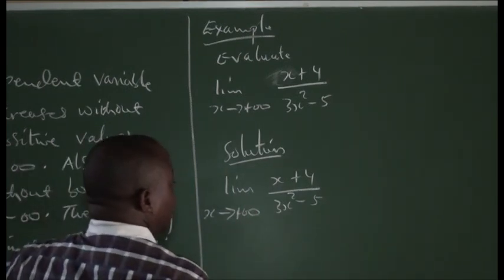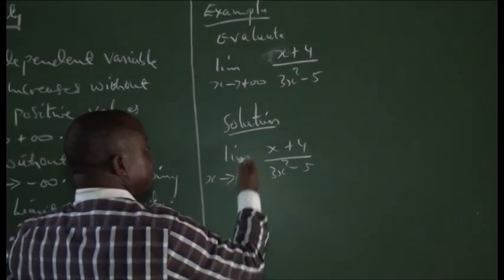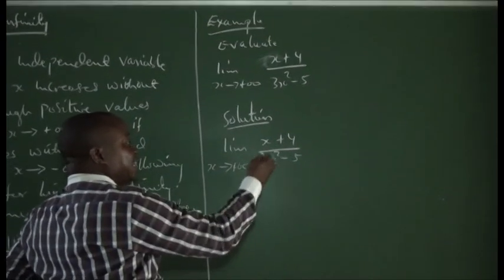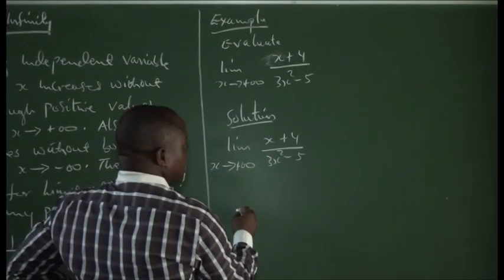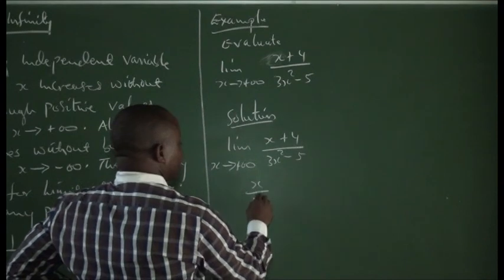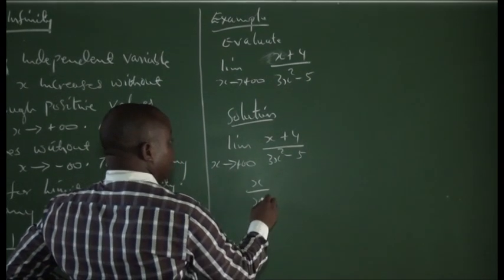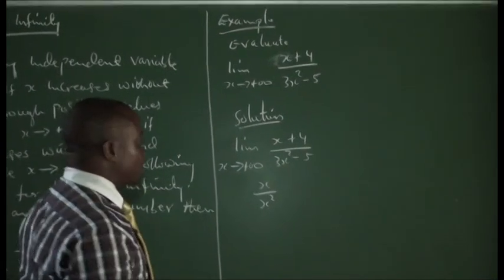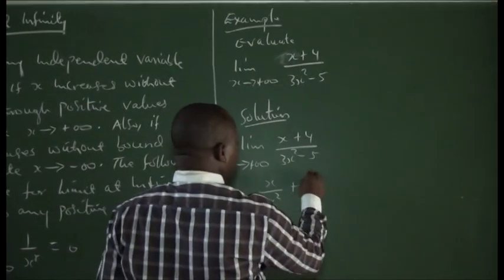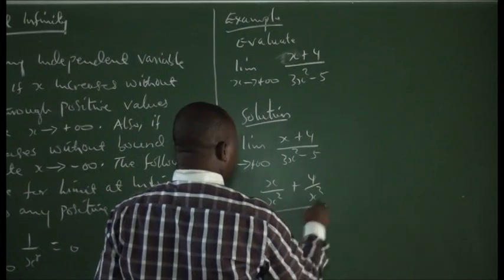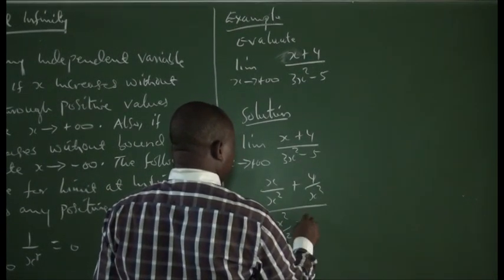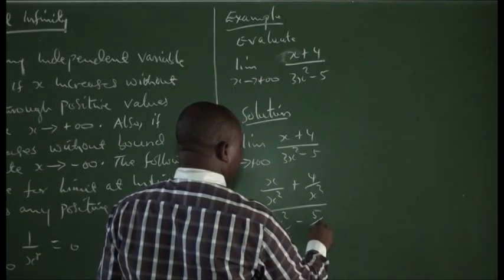So here we are going to divide the numerator and the denominator by the highest power of x, and that will give us x over x squared. You know, the highest power of x here is x squared. Plus 4 over x squared, over 3x squared over x squared minus 5 over x squared.